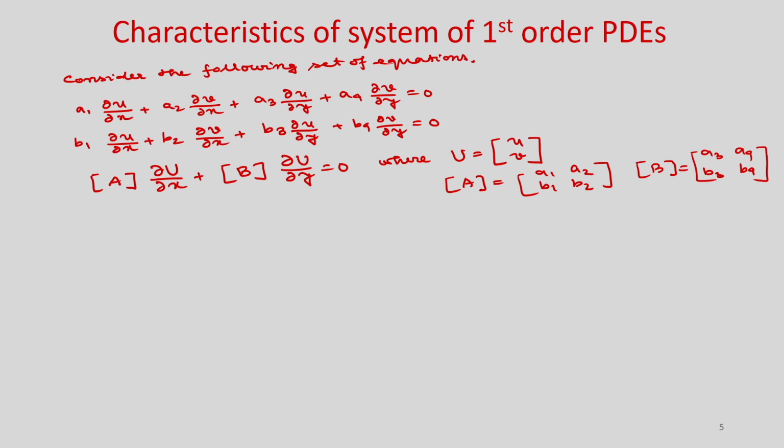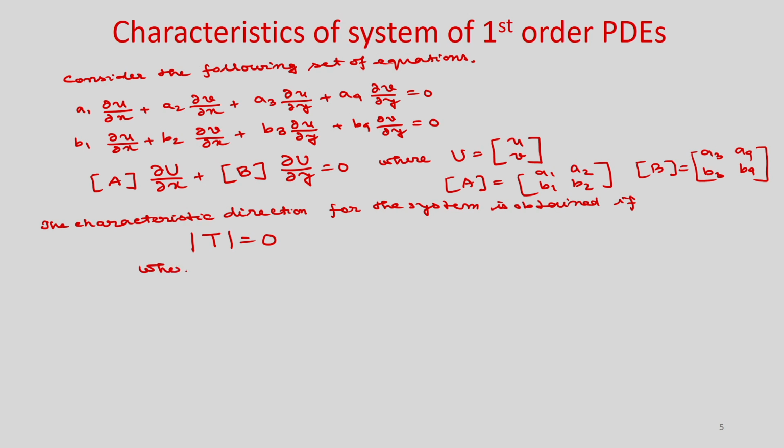Okay. So, now the characteristic direction for the system is obtained if determinant T is equal to 0, where T is A n x plus B n y. So, A and B we know. So, these are the matrices.